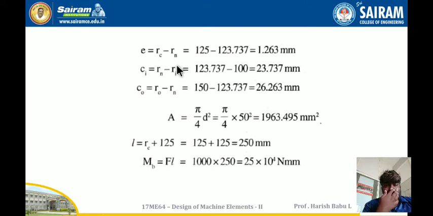So E value I am going to find out as Rc minus Rn, Ci I am going to find out as Rn minus Ri, C naught will be R naught minus Rn, and area will be pi by 4 d square.